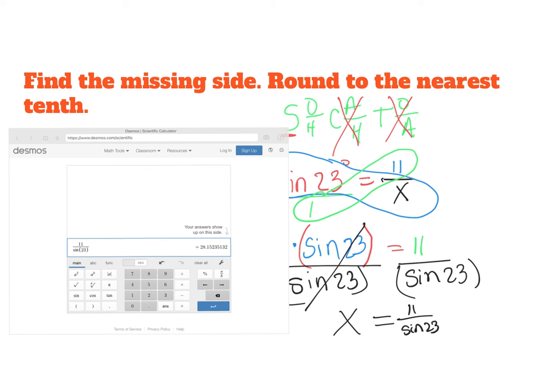So 11 over sine of 23 is going to equal 28.15. I'm going to round to the nearest tenth, so that means that the 5 makes that one round up. So 28.2 degrees. Oh, I lied. Not degrees, because we're finding the side measure, so it's just the side.